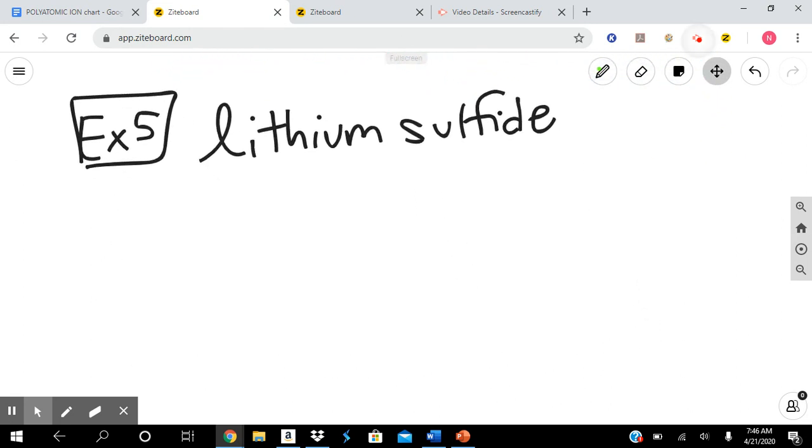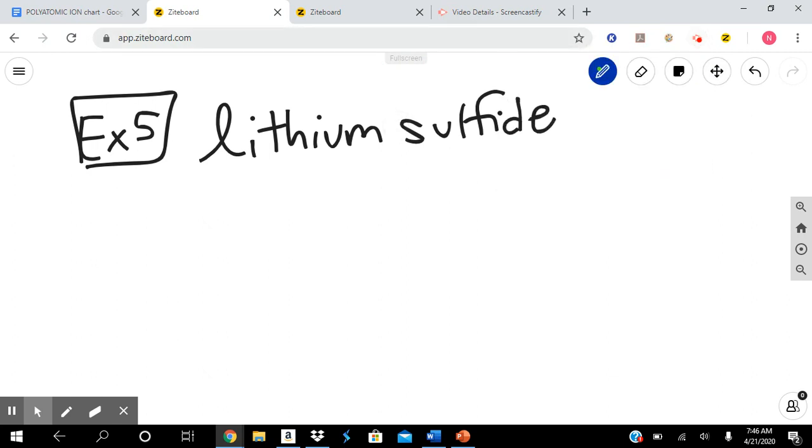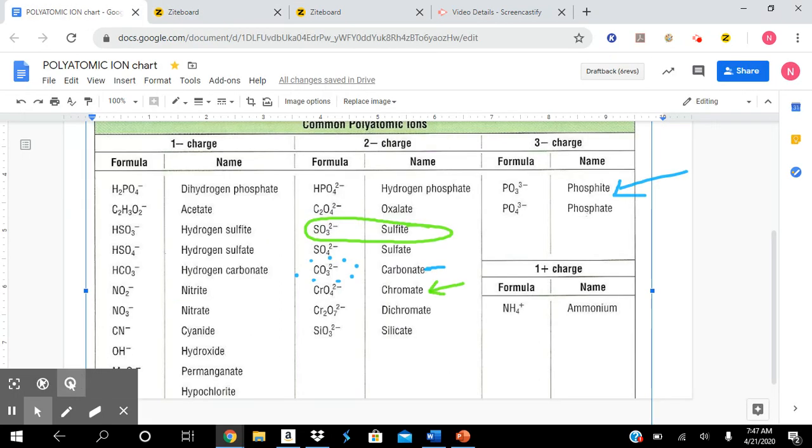All right, the next one is lithium sulfide. For this one, I wonder if I tricked any of you. We have lithium 1 plus, but then I have sulfide. How many of you got frustrated because you couldn't find it on this polyatomic ion chart?